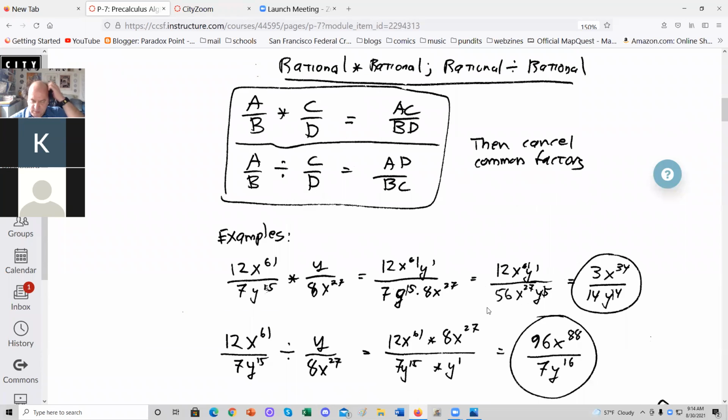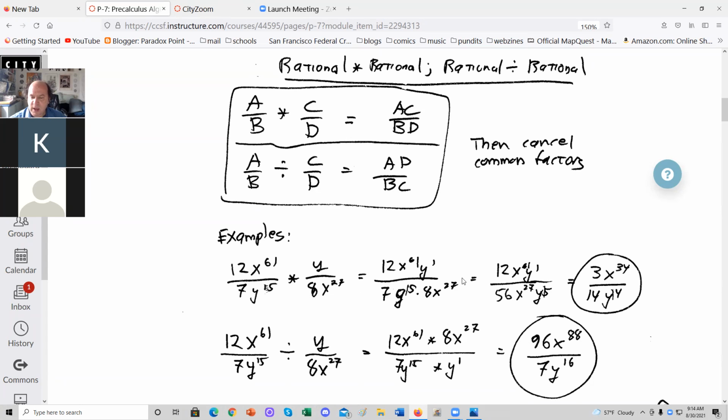So, for example, 12x to the 61 over 7y to the 15th times y over 8x to the 27th. Okay, so we rewrite that as in the numerator 12x to the 61 times 1y to the 1st. Just a moment. That over 7y to the 15th. Sorry, that looks like a g. My apologies. Times 8x to the 27th.